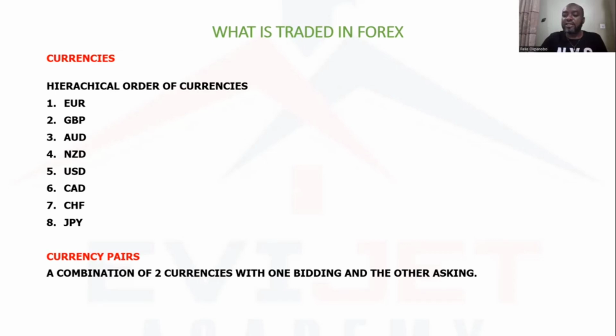A currency pair is a combination of 2 currencies, with one bidding while the other one is asking. So one is selling while the other one is buying, okay? Now the hierarchical order is actually for the purpose of nomenclature. What is nomenclature? Nomenclature is naming, okay?